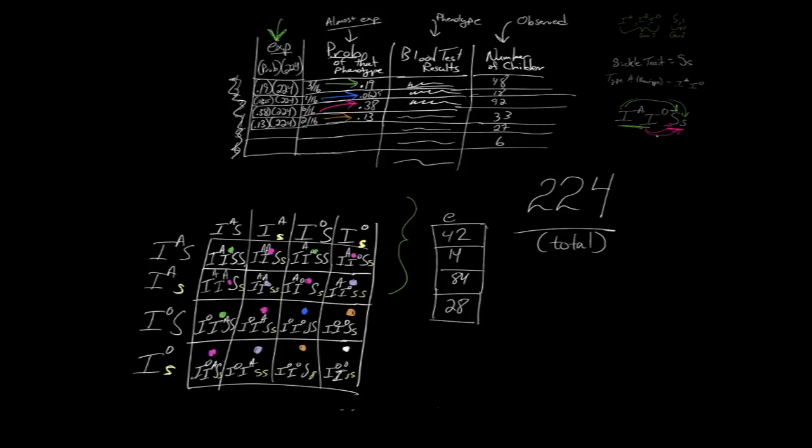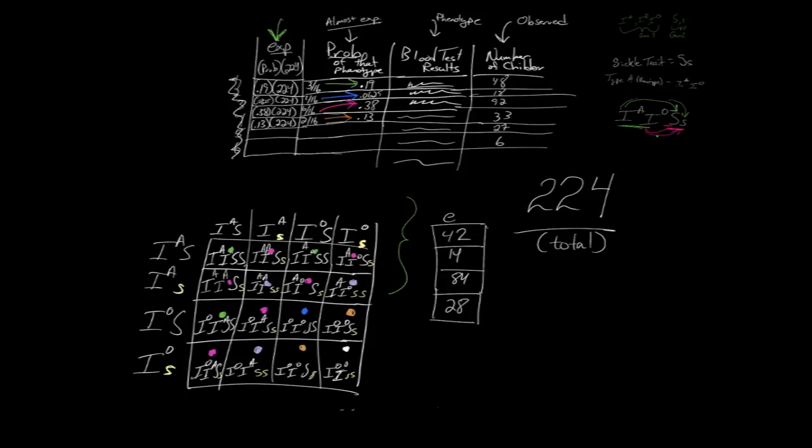All right, so what's the next one? Someone help me out here. Type A sickle cell disease. So little s, little s with type IA. Either one. So here's 1, here's 2, here's 3. So we're talking about the purple, right?